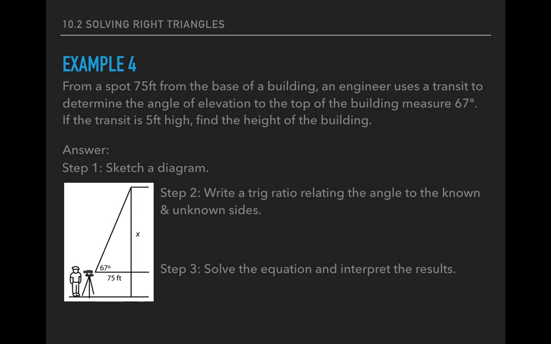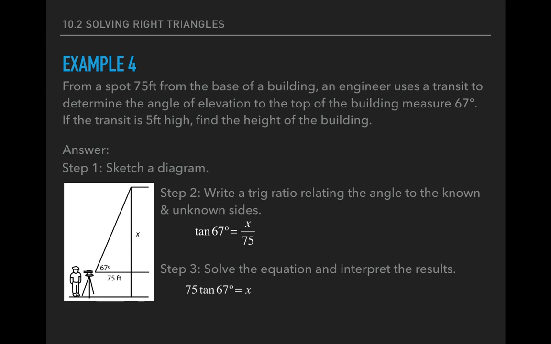Of course, this is not drawn to scale very well, but let's write a ratio here. We're looking at x and 75. Those are the measures we know in that right triangle that's been created. And we're working with the angle of 67. X is opposite, and that base, 75, is adjacent, so it's a tangent ratio that we're working with. And so, like we've done in this video, we can solve for x.